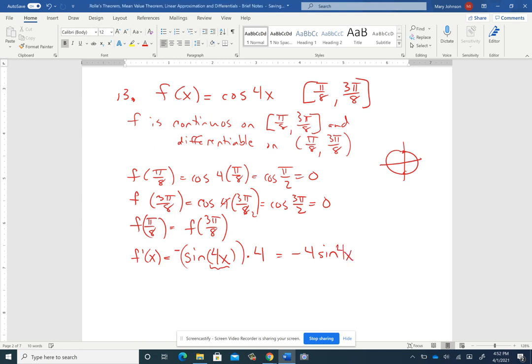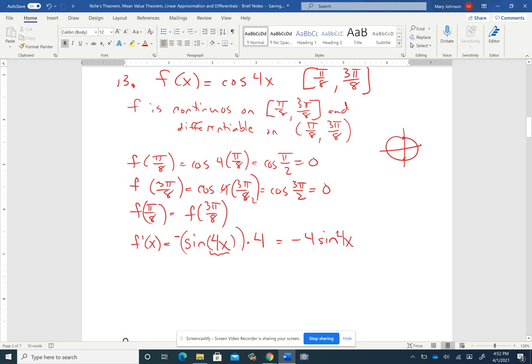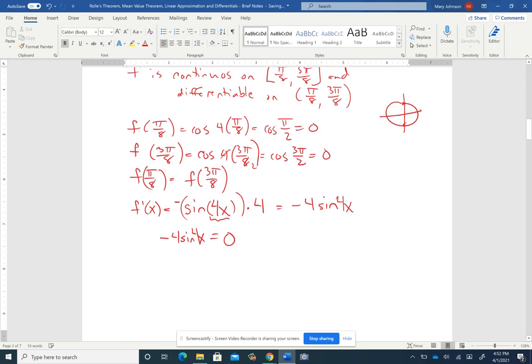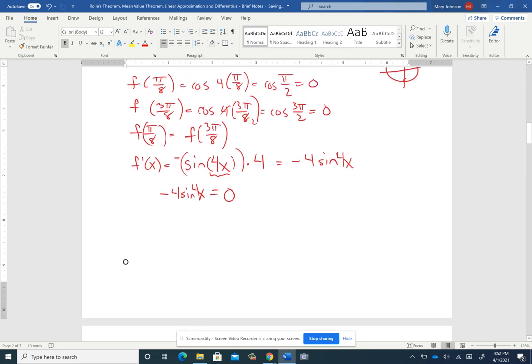All right, and this is where it gets a little hard if you haven't done trig recently, and even if you had, this is a little bit tricky. So we're looking for where that sine 4x equals 0. We know there's going to be a spot somewhere in the interval from pi over 8 to 3 pi over 8 where that happens, and we're looking for where that happens. So we'll divide by -4, work on getting the sine by itself.